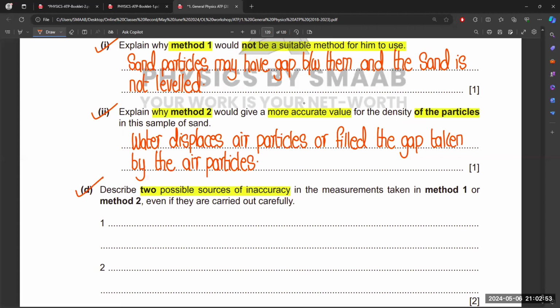And in the last part, describe two possible sources of inaccuracy in the measurement taken in method one or method two. So in method one, we already discussed that the sand surface is not flat.